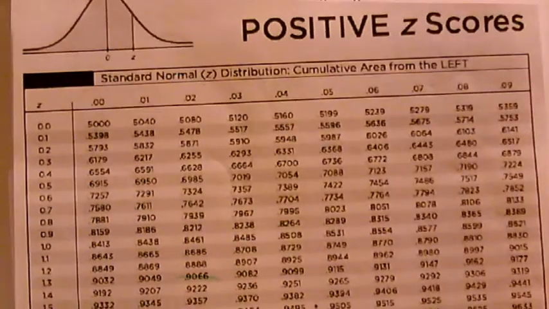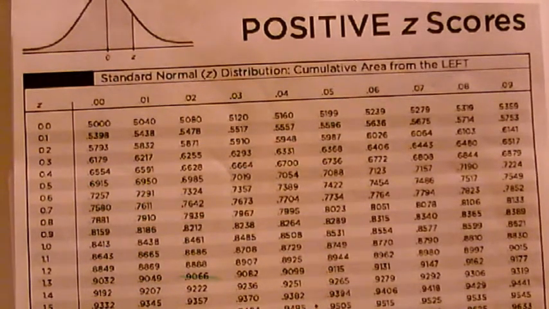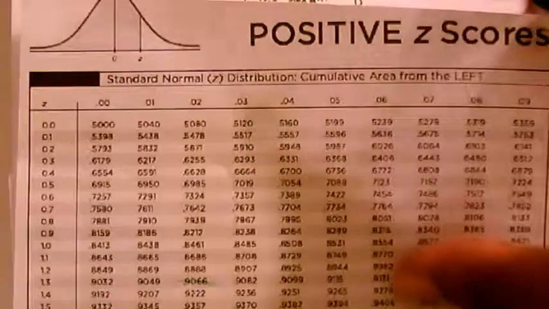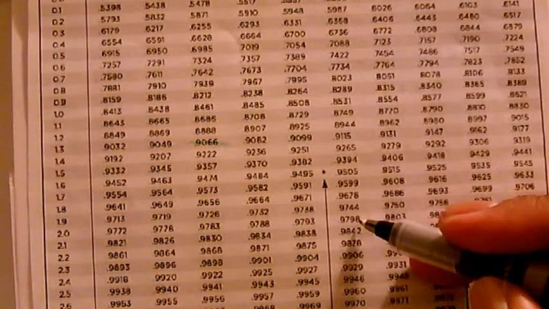Okay, so now we need to find a number that's close to 0.9800. Let's use 0.9798. All right, 0.9798.